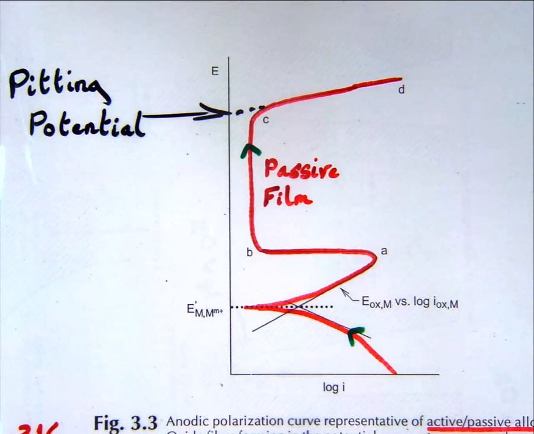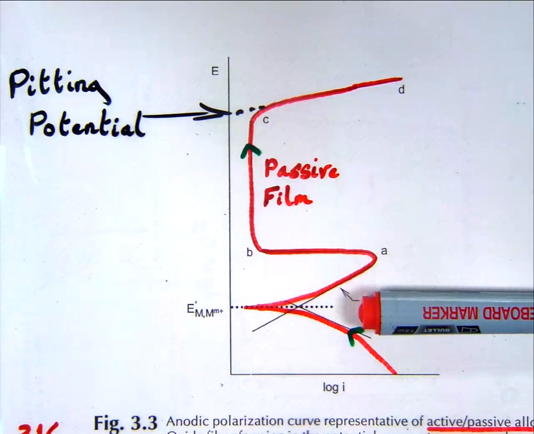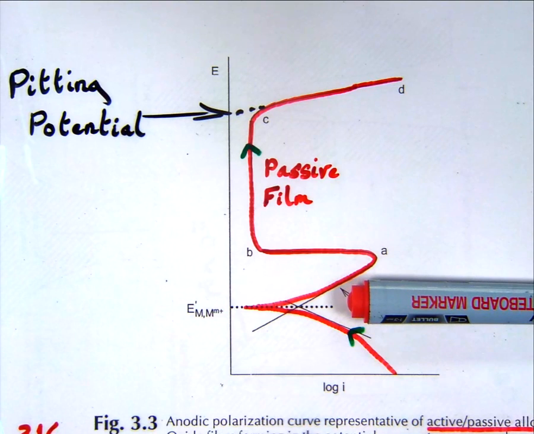So this is our cathodic part of the curve. Then we get to our free corrosion potential. Then as we move anodically, the material begins to corrode, so that's the active part of the curve. And for a low alloy steel, the current would probably continue to increase up here.